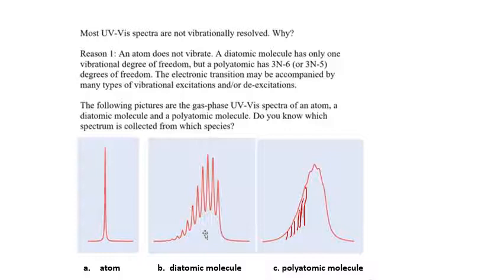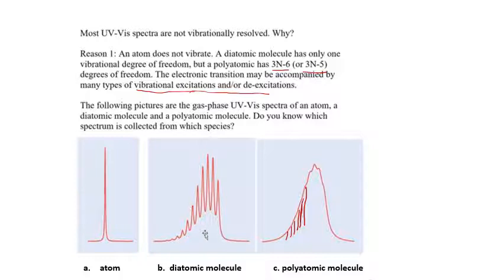You can calculate 3n minus 6 or 3n minus 5, where n is the number of atoms in the molecule. So the electronic transition may be accompanied by many types of vibrational excitation, and also de-excitation. These three gas phase UV spectra are for an atom, a diatomic molecule, and a polyatomic molecule.